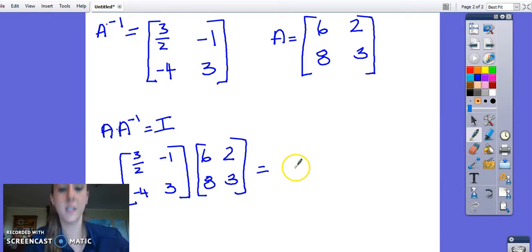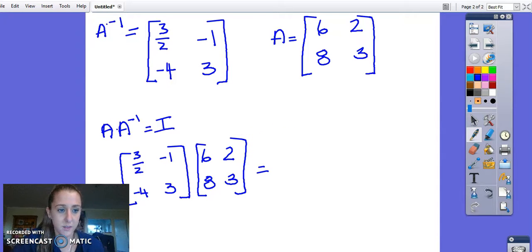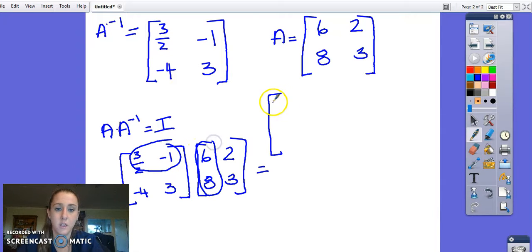So let's have a go at it. If we go ahead and work that through, I'm going to work this by this first. So 3 on 2 multiplied by 6 plus negative 1 by 8.